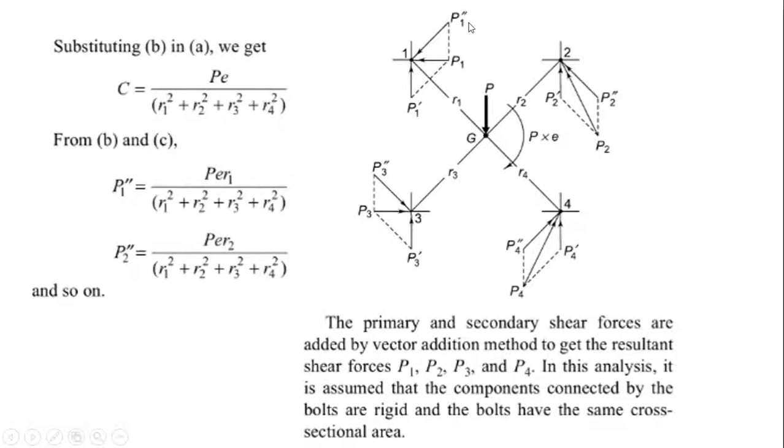Here P1 double dash equals the secondary shear force, and it acts perpendicular to the radius line R1. Similarly, P2 double dash acts perpendicular to R2, P4 double dash perpendicular to R4, and P3 double dash also perpendicular to R3.